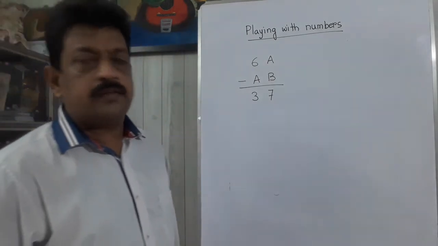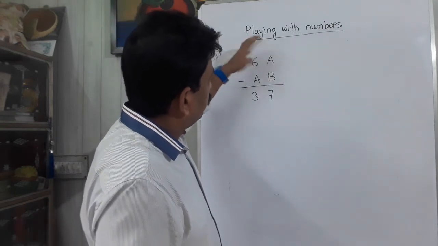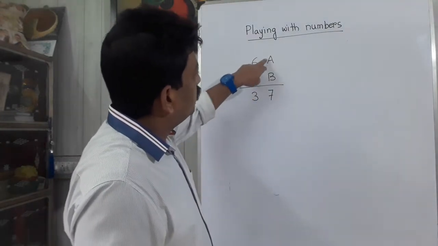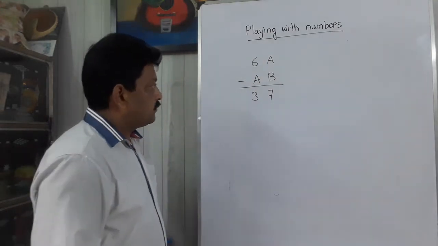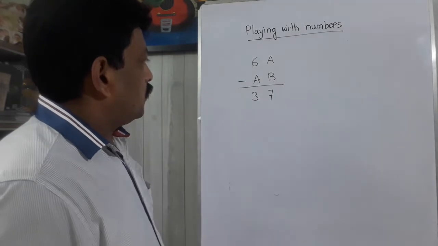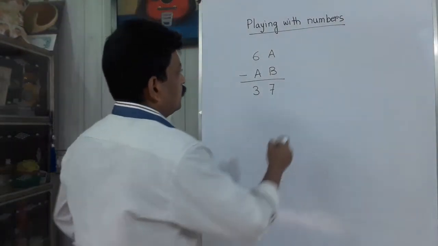Now we have to guess here. First of all, tell me, because there is nothing given in the unit place of both the numbers, we cannot guess like this. Okay, so what to do? Okay, see here.